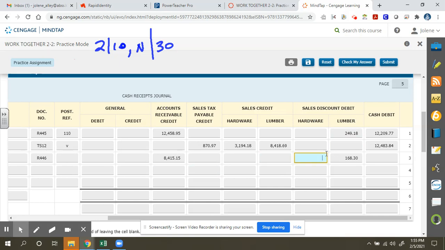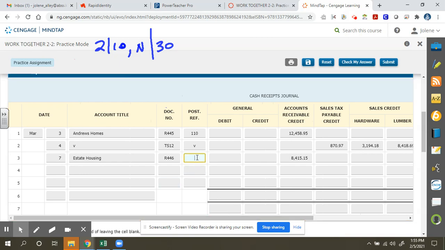Now it's a discount, so I've got to subtract it to find out how much they actually wrote the check for. Do my math twice to make sure my math is right. Okay, $8,246.85. This is how much they actually wrote their check for. But because of the discount or coupon, they were able to satisfy $8,415.15.